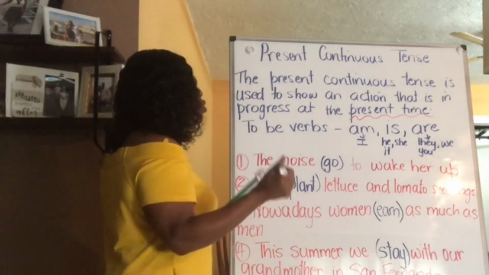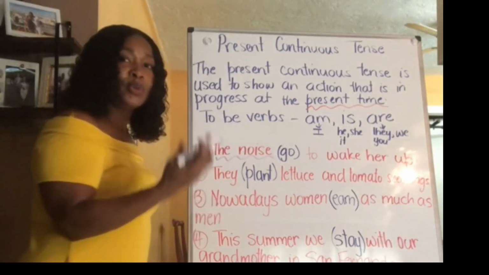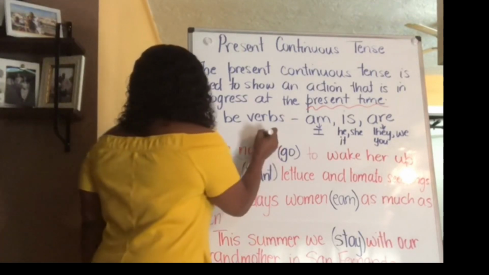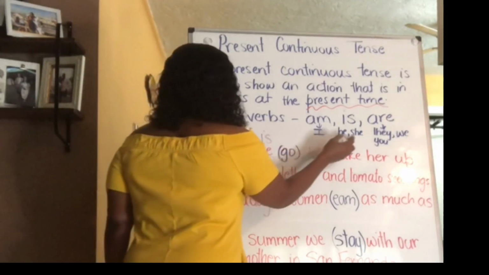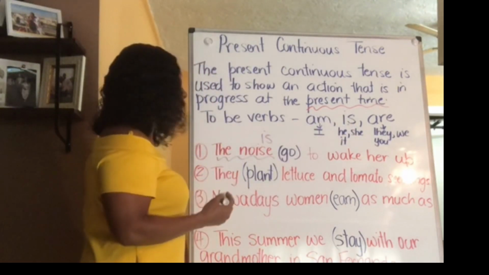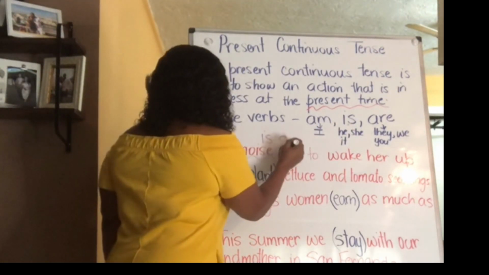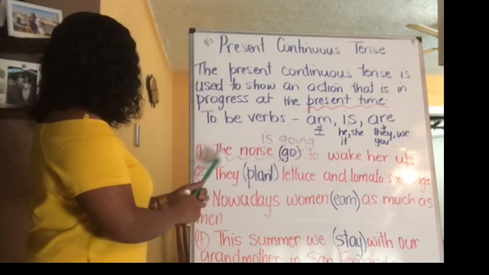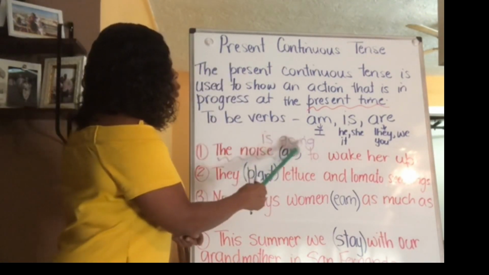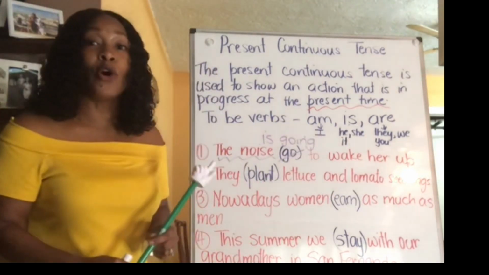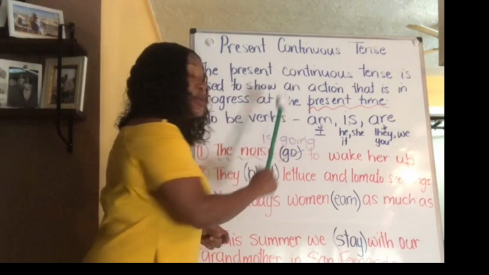So the noise, is that plural, is that singular? It's singular. So the noise is, remember, is used with the singular, is going. The noise is going to wake her up.